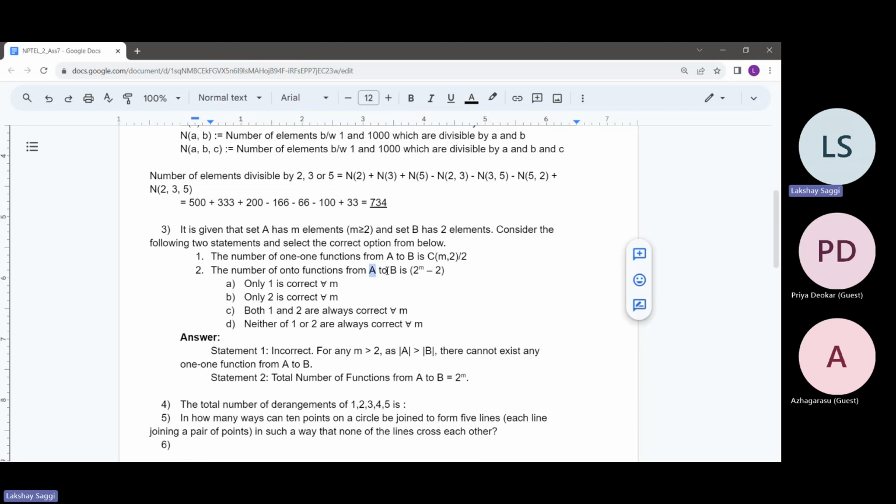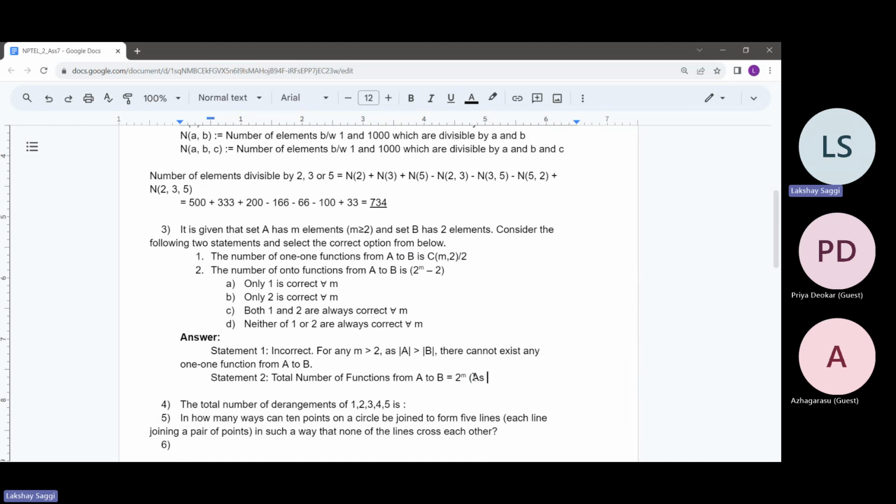So every element of A should be mapped to some element of B. Since there are m elements of A, and B has exactly two elements, every element of A has exactly two choices to be mapped. So there are m elements and each has two choices, so the total number of mappings available will be 2 raised to the power m. The answer will be 2 times 2 times 2 times 2, so yes, 2 raised to the power m.